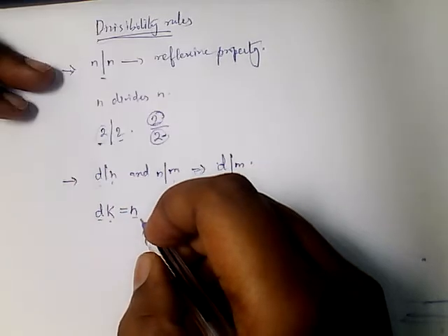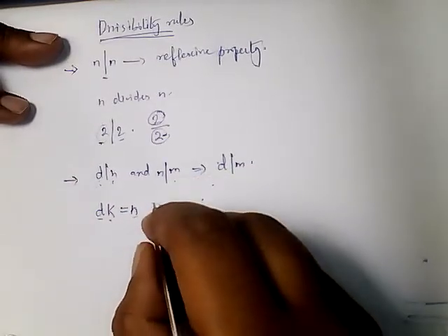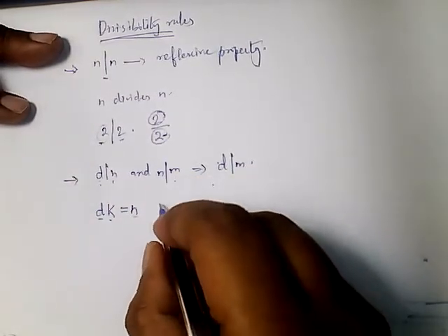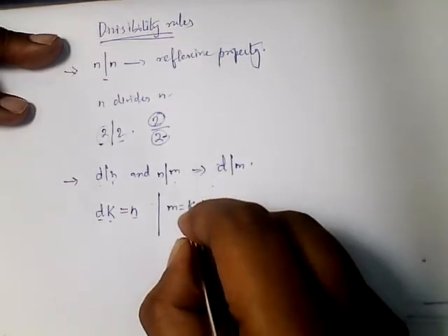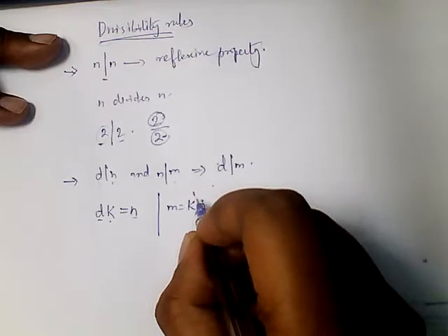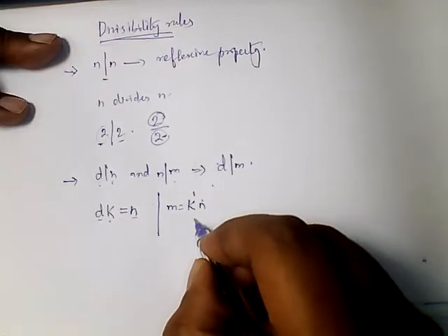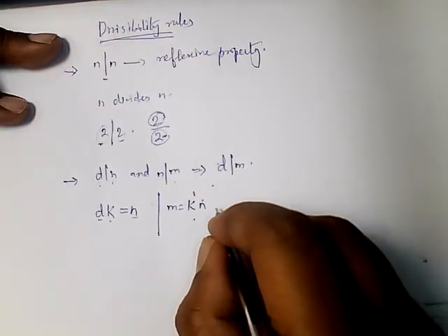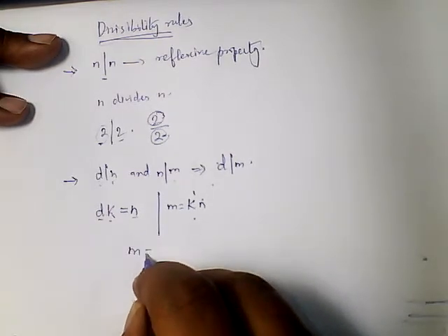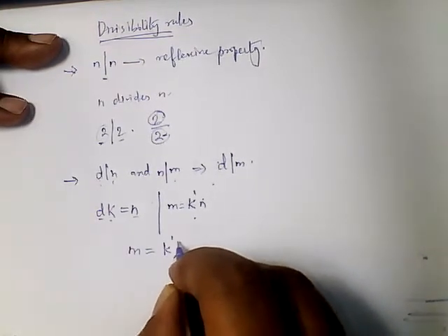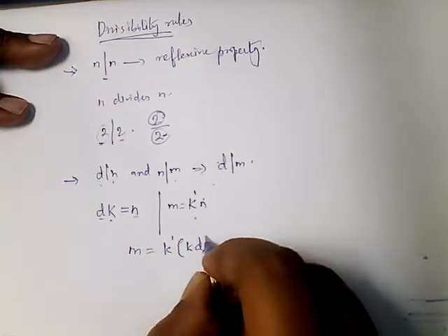We also have that n divides m, so we can write m equal to k' times n. This k' belongs to the integers as well, and from this we can write m equal to k' k d.